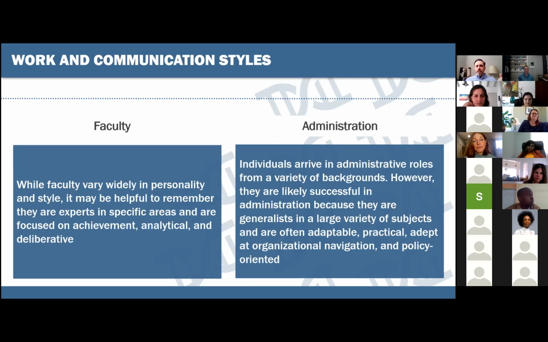For the faculty, it's helpful to remember that they're experts in a very narrow field, right? They've received exceptional training to do a specific type of work. But this also means they're very achievement oriented. They're trying to accomplish things. They're analytical and deliberative, which might mean they ask you a lot of pointed questions.